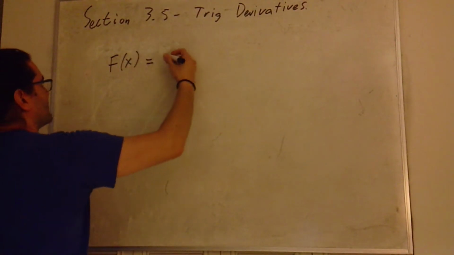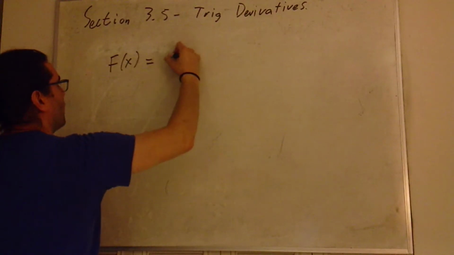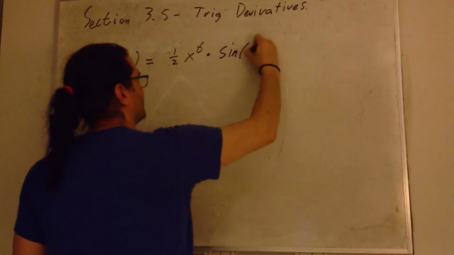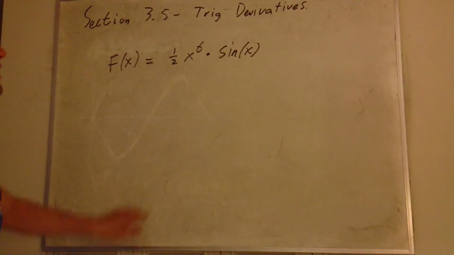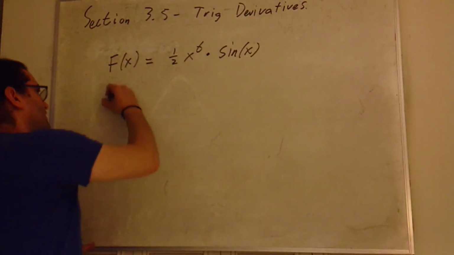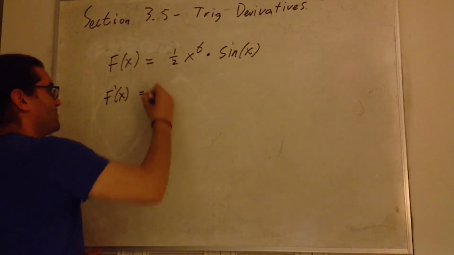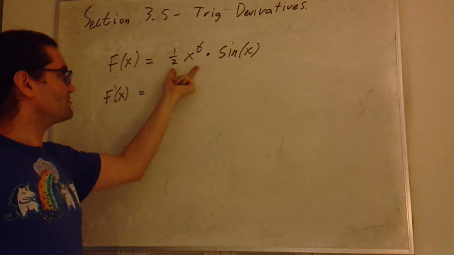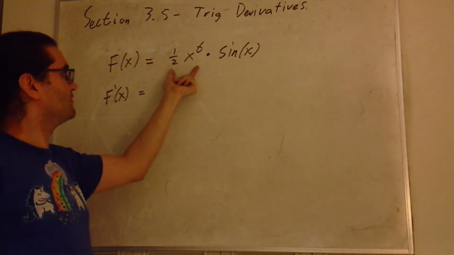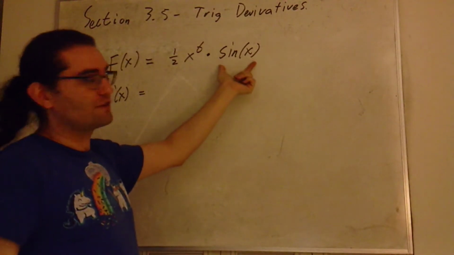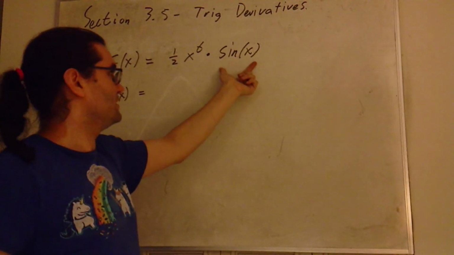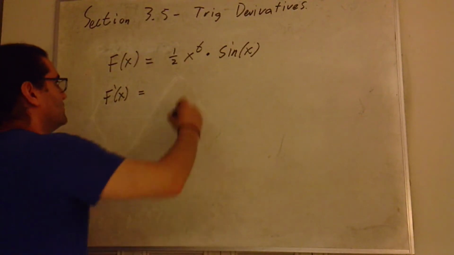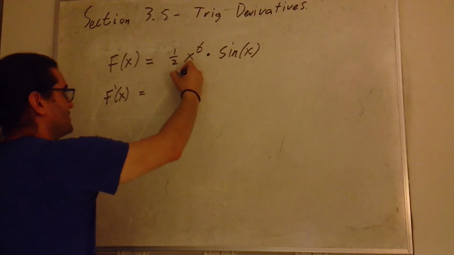If f of x is 1/2 x to the 6th times the sine of x, and I want a derivative of this thing, I can get it. This is a power function. I know the power rule. I can take the derivative of this piece. This is a trig function. I know the derivative of sine is just cosine. I'm all set.